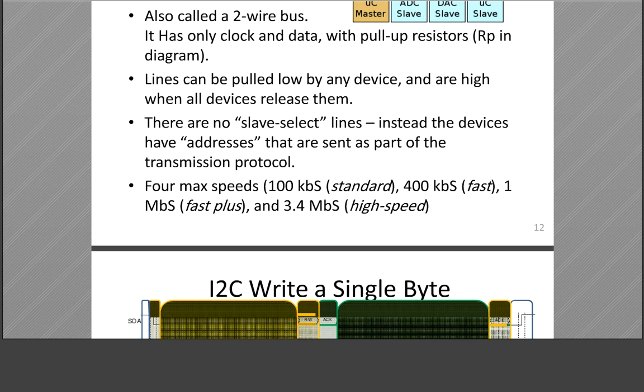For example, as in TCP/IP, we have data, source address, and destination address. Here in I2C we have the destination address, the slave address, put by the master.